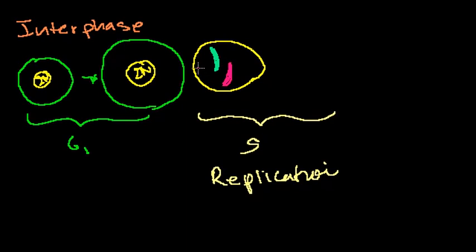As it goes through S phase, these chromosomes replicate. I'm just drawing the nucleus here, where n is 1 and our full diploid complement is 2 chromosomes.